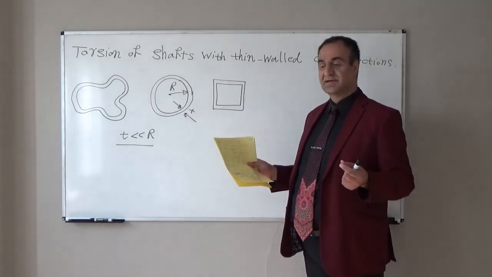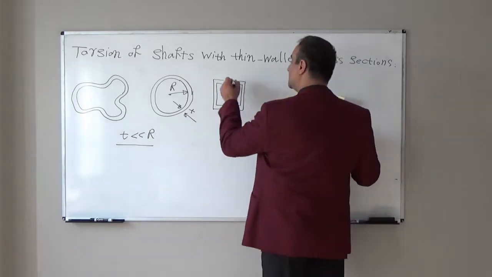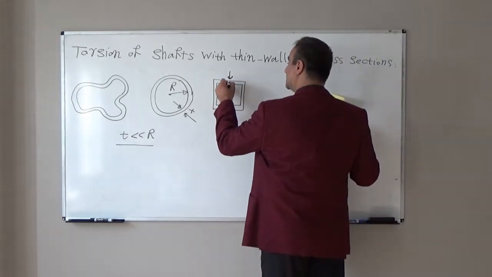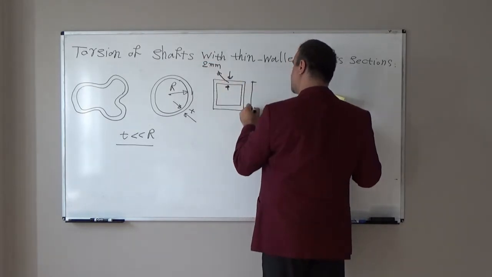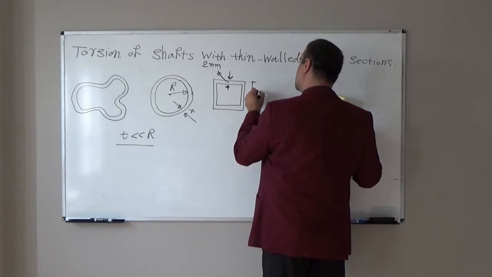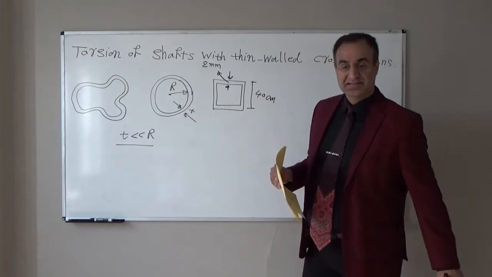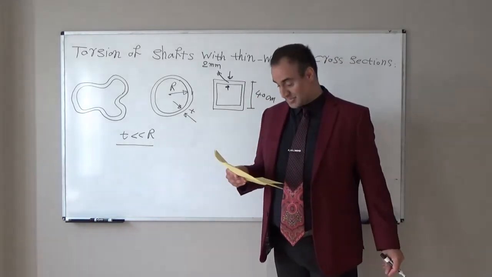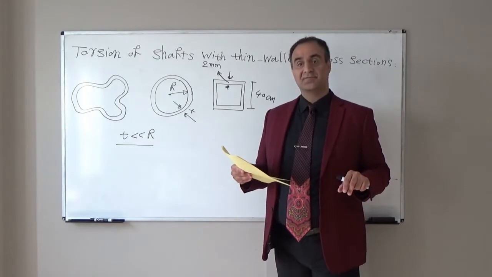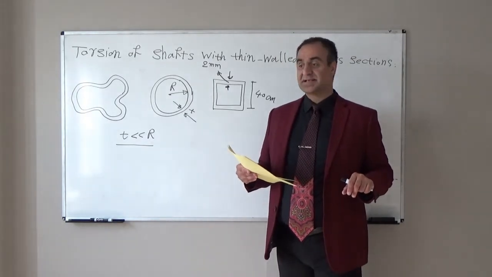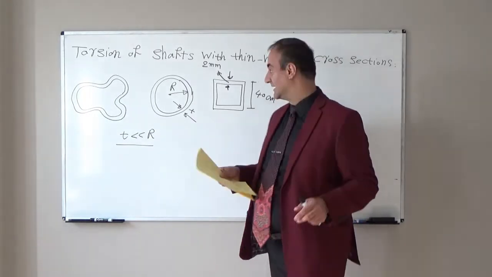So for example, if the thickness is 2 millimeter and this is, for example, 40 centimeter, we can assume this is a thin-walled cross-section. If we apply torque to a thin-walled cross-section, what will be the shear stress and how can we find the torque angle, or twist angle?